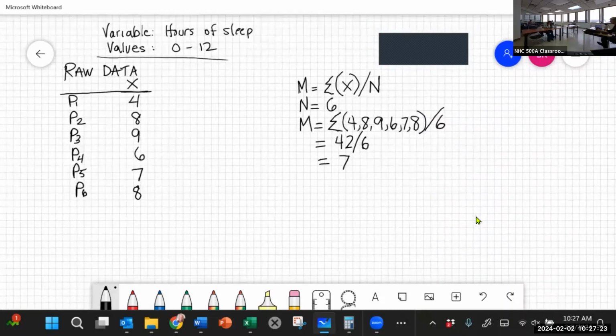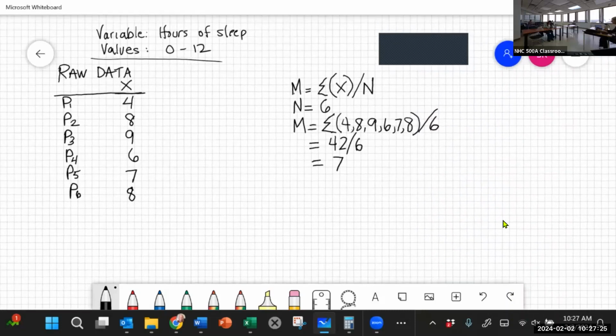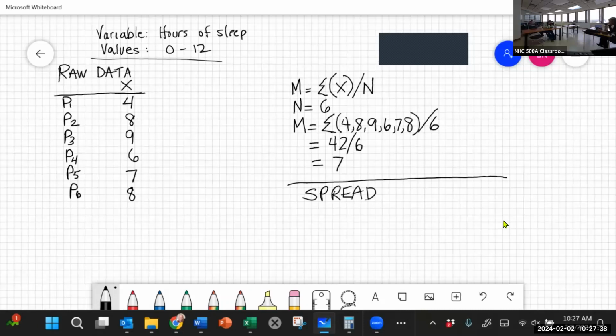But another helpful piece of information, and essential for statistics, is to understand something about the spread. So to understand the spread, let's draw a line across here that represents the mean of 7. What we want to know is how far each score is from the mean.